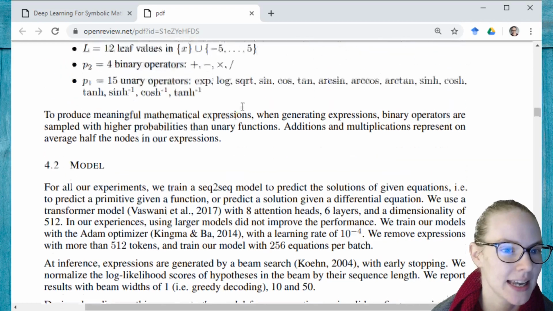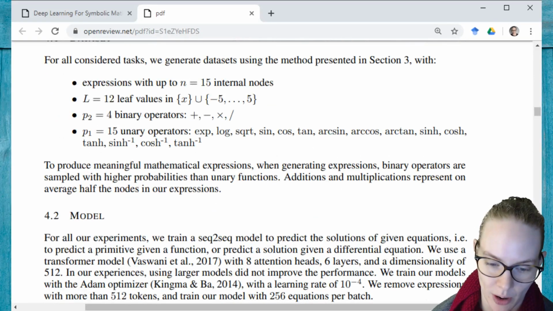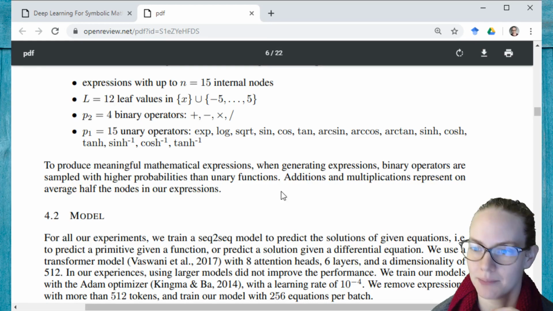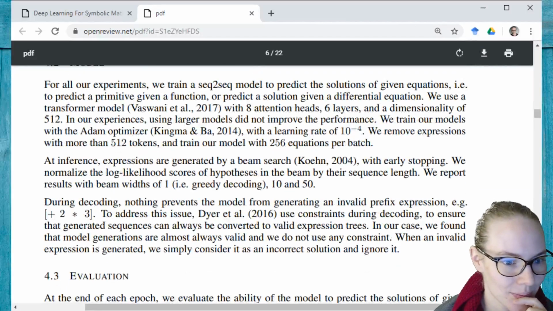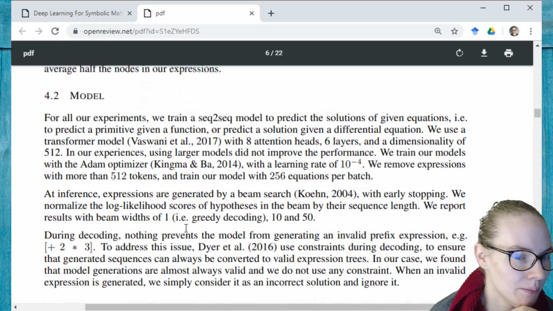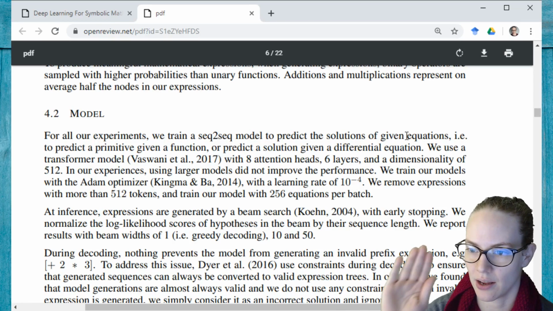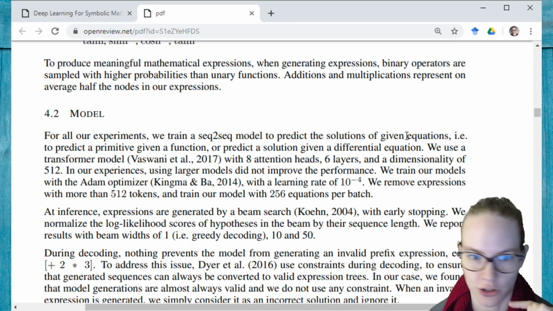And Abhishek is saying that the ones with h on them are hyperbolic. So sine h is a hyperbolic sine. Thank you, helpful. Predict a solution given a differential equation. So they're taking their generated equations and solutions as the training set.